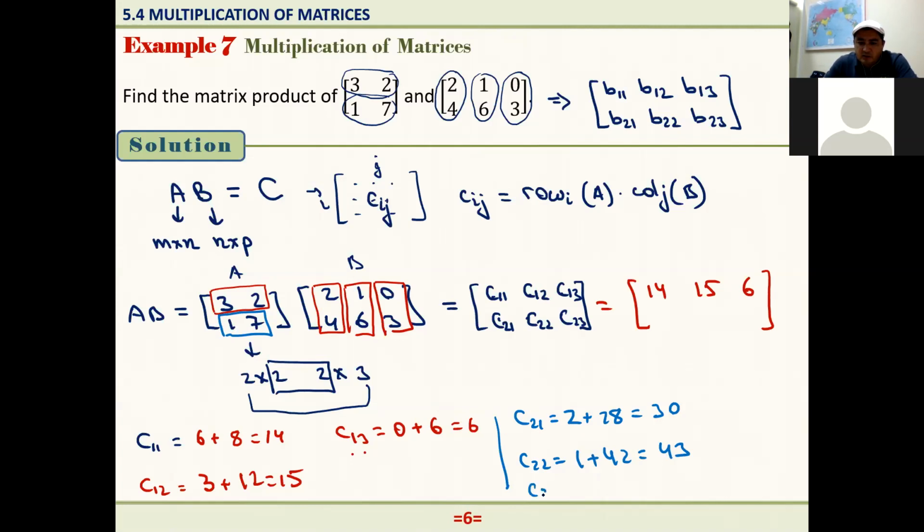And C23: the second row 1, 7 by the third column 0, 3. 1 times 0 is 0, plus 7 times 3 is 21, which equals 21. So the second row entries will be 30, 43, and 21.